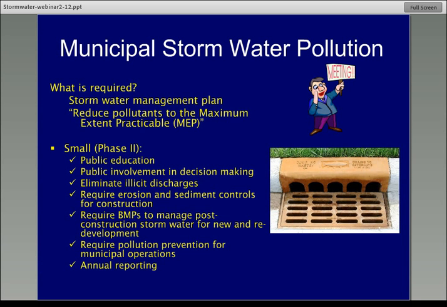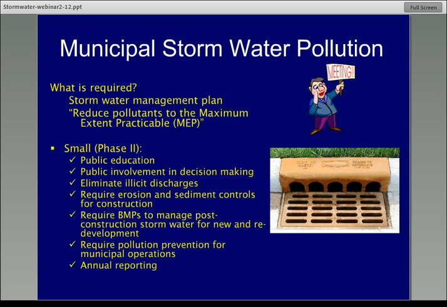The Phase 1 entities are mostly individual permits that have specifics to that jurisdiction, and these Phase 2 communities are usually applying to be covered under a general permit that is issued at the state level for all of the entities within that 50 to 100,000 population range. So obviously there's lots of variation.